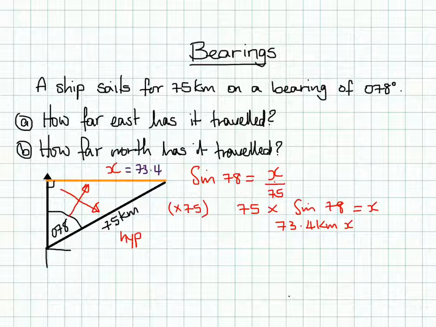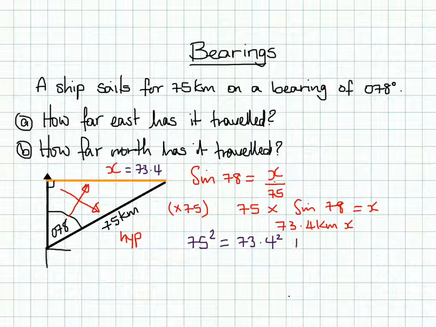So I already know that this is my hypotenuse, so it has to come first. So here we go, 75 squared is equal to 73.4 squared plus, I didn't name that side. Let's call it y. So y squared.